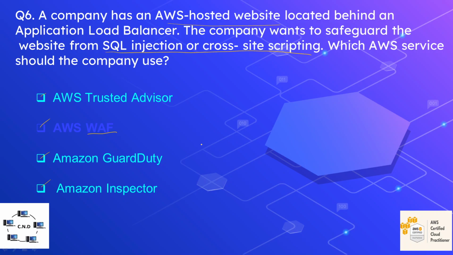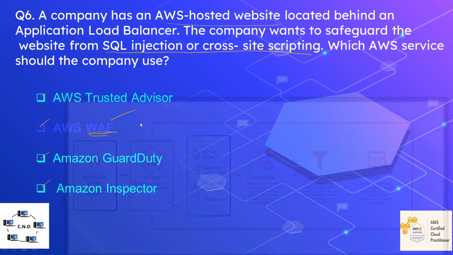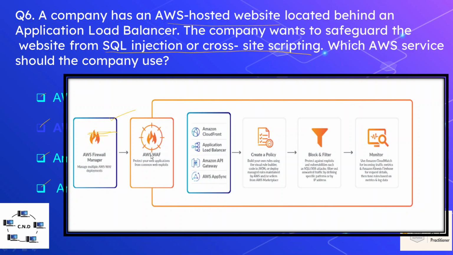So remember that for protection against web exploits and web attacks such as SQL injections, cross-site scripting, and cross-site request forgery, the most suitable option is the Web Application Firewall, WAF. And this is how the WAF protects your AWS web application. It basically protects your traffic coming to CloudFront, to the load balancer, to the API Gateway, and to AppSync.